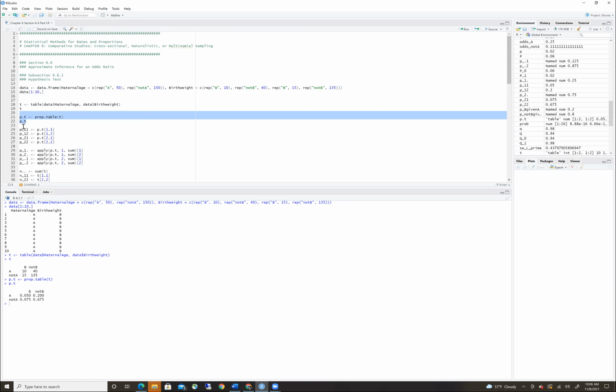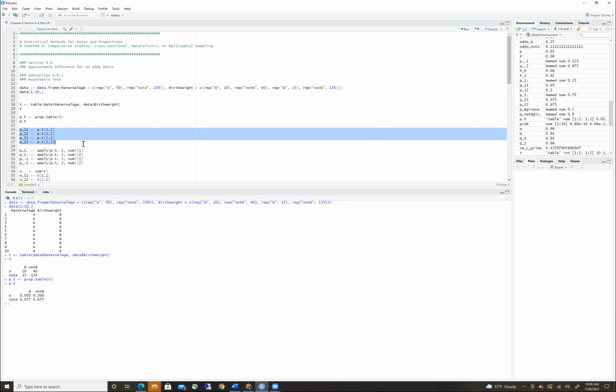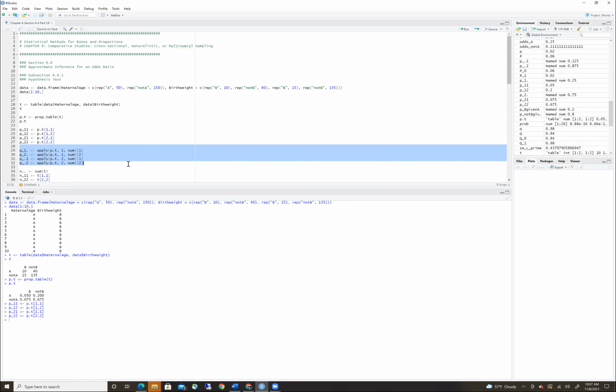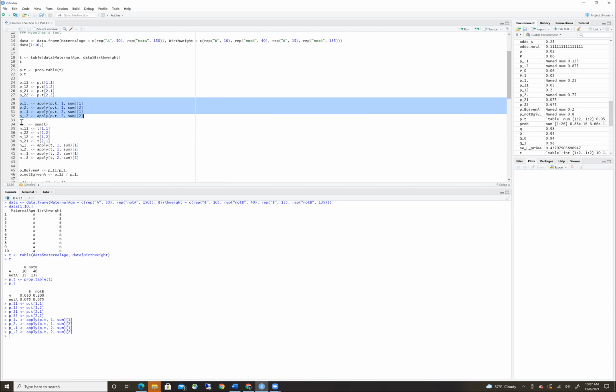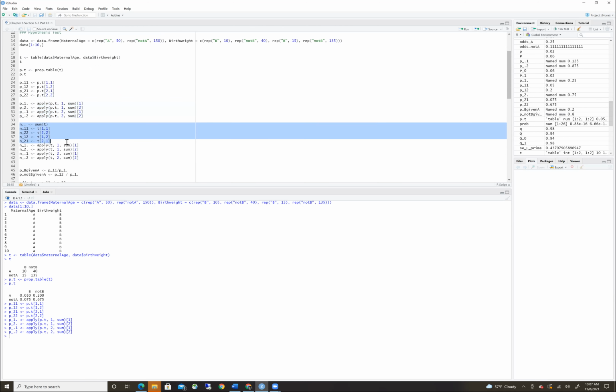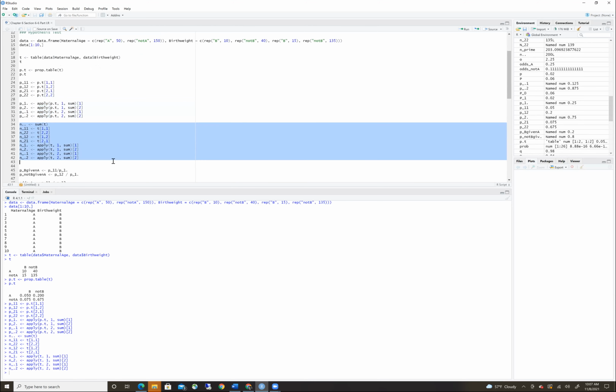We can assign P11 through P22 to be the individual proportions. We can assign the marginal proportions P1 dot through P dot 2 by using the apply function. Similarly, we can get the sum of the entire table, the individual frequencies, and the marginal frequencies.